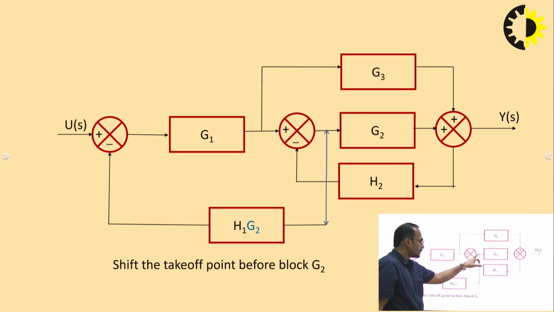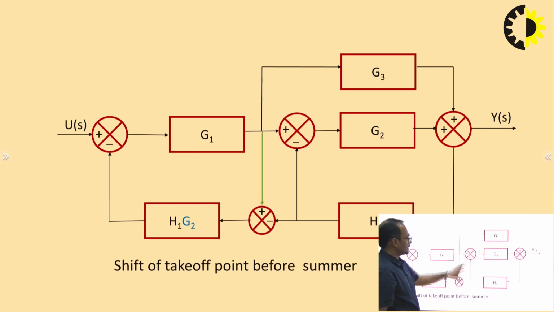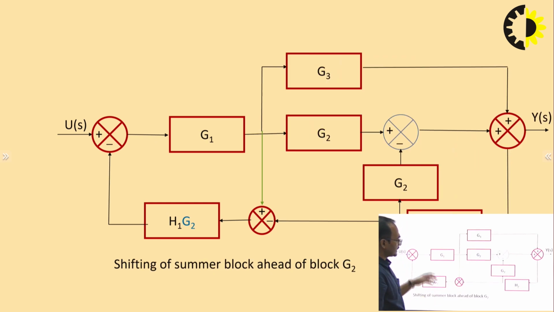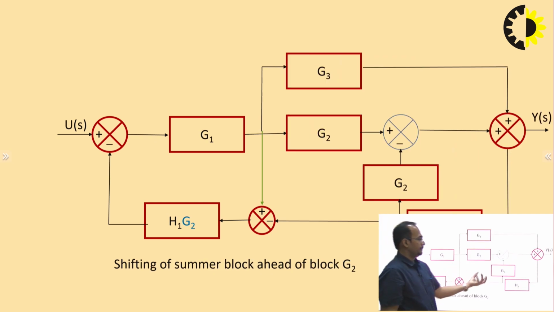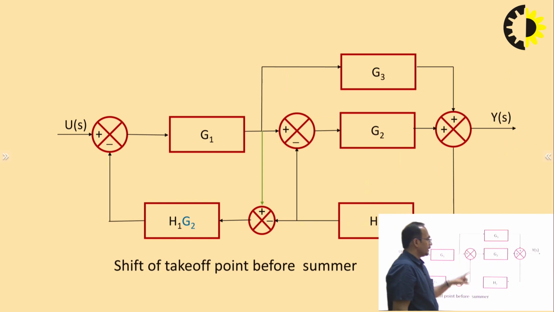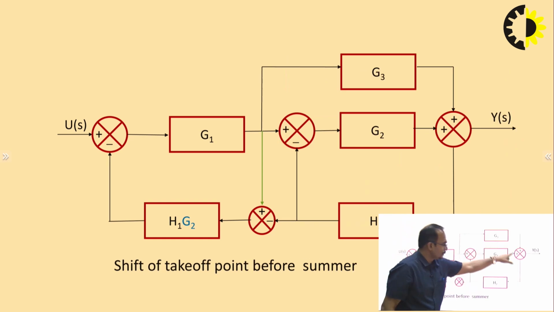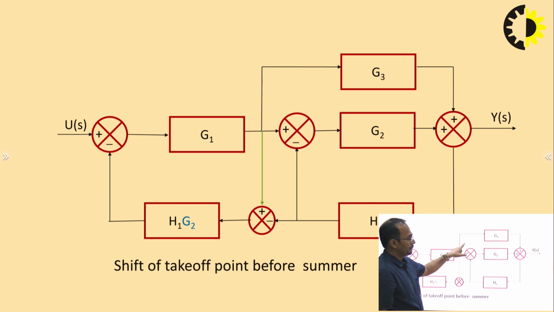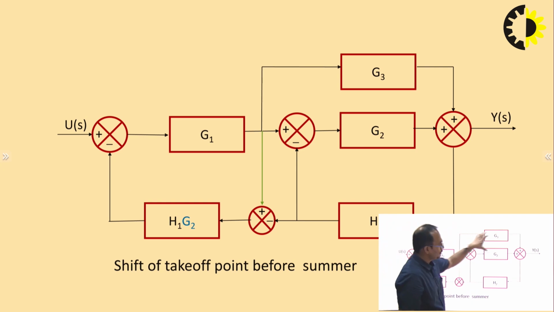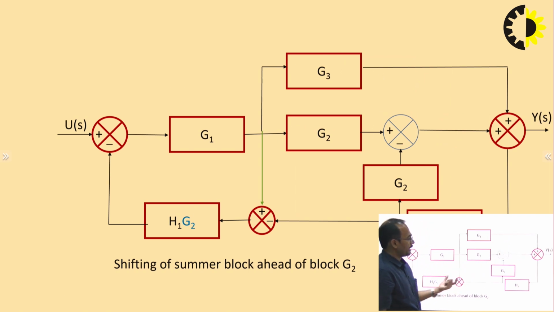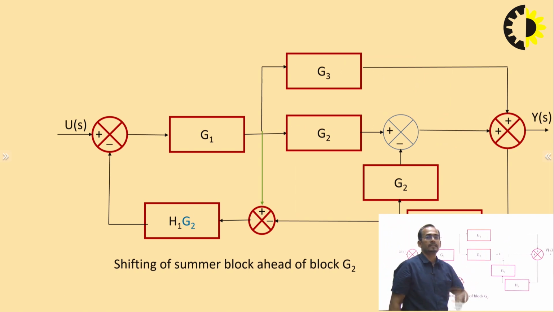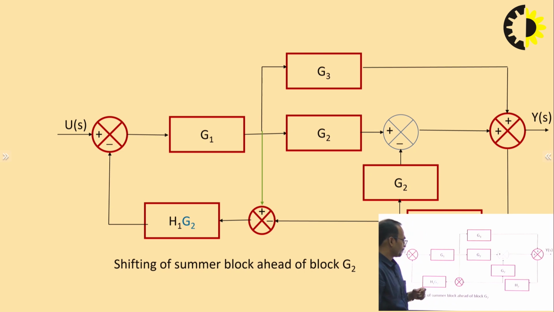You can consider this summer as here. I have considered this summing point here, and in this block diagram, this is the summing point. You can use this as a feedback path and you can also use it as a parallel connection. So here I have split this summing point into two parts.